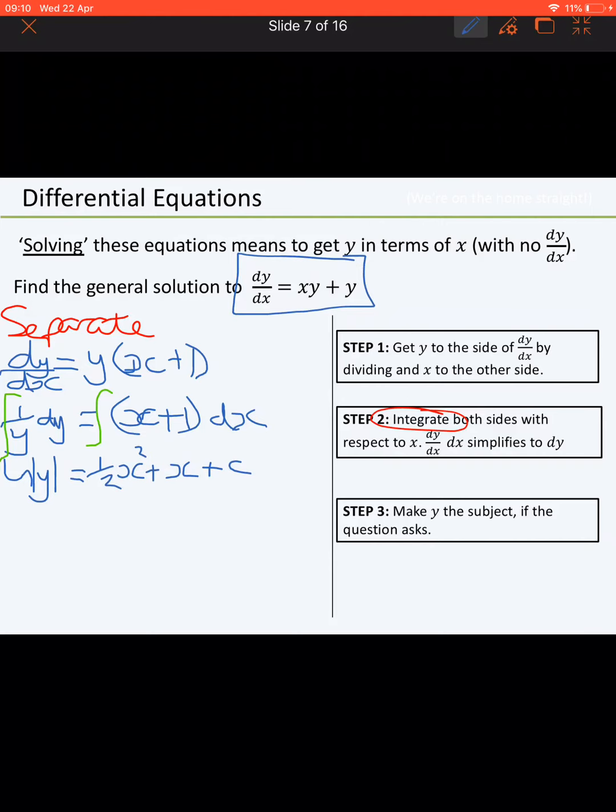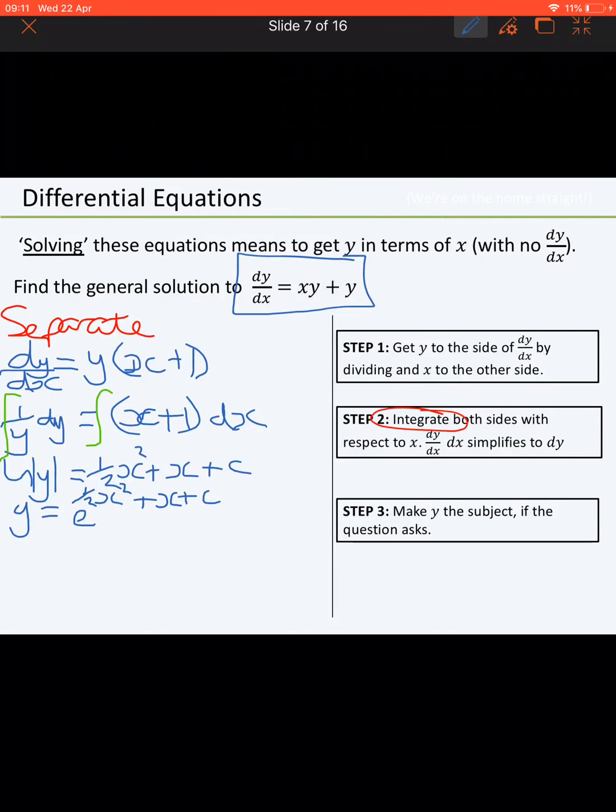So let's write that out. So I get y equals e, this is where it's a bit tricky because it's small, to the half x squared plus x plus the c. So all of that goes in the power together, okay? Now we can tidy that up a little bit further, okay?